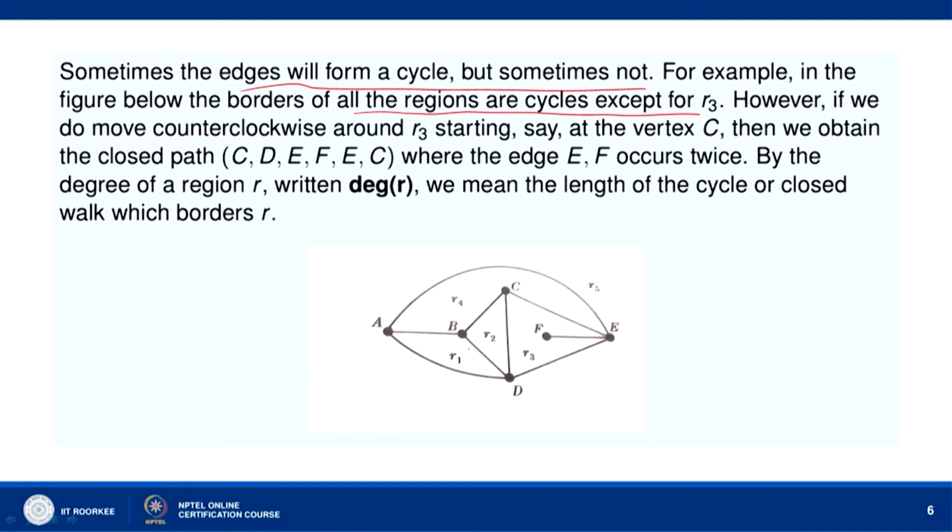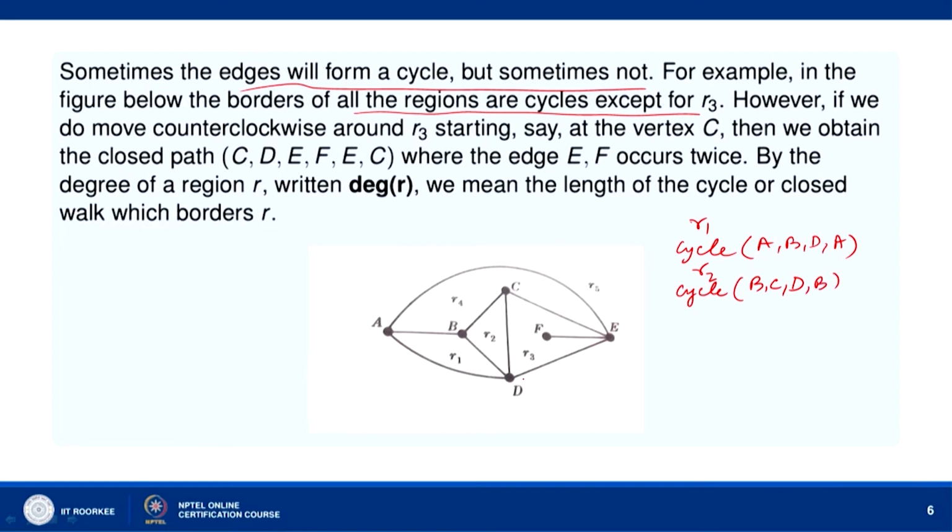For R1, the cycle is ABDA. For R2, BCD, again a cycle, BCDB, because a cycle is a closed path.